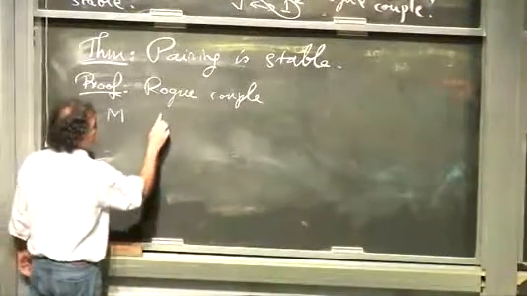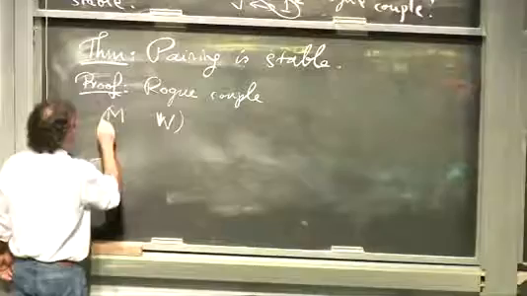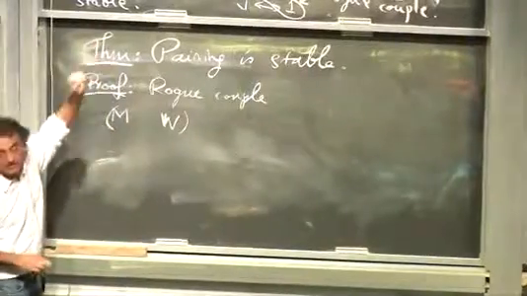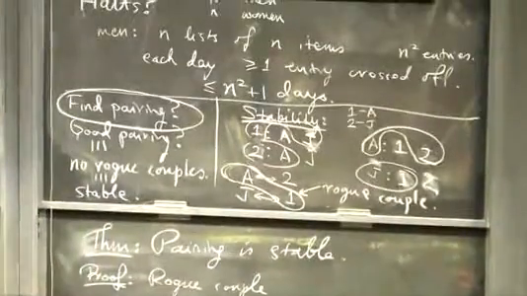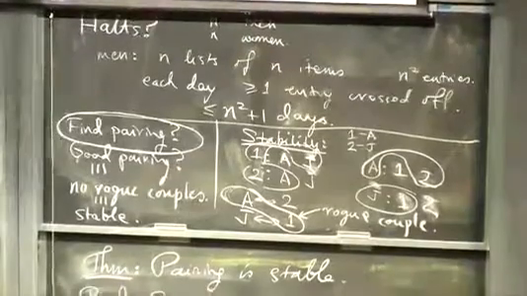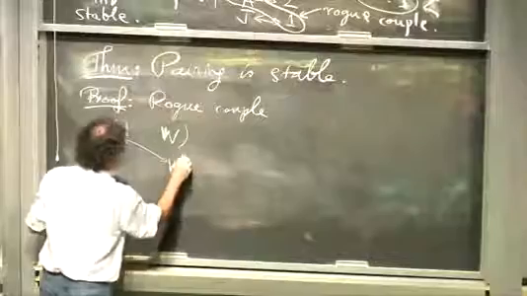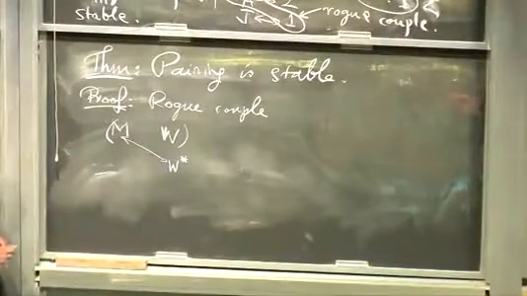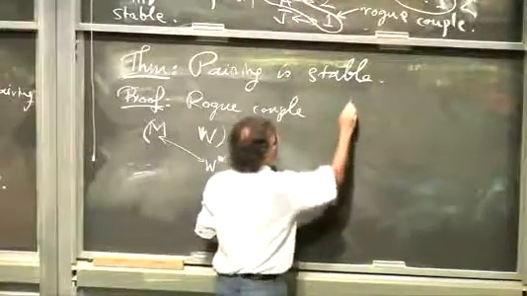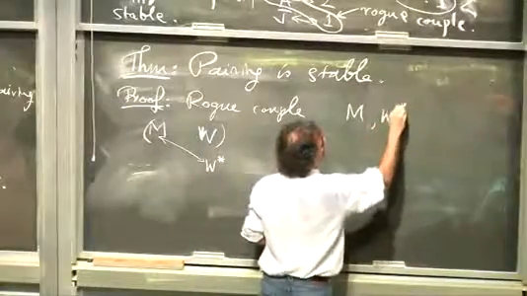Let's say that M is paired with W in this pairing, but he'd rather be with W star. So we have a rogue couple M W star.